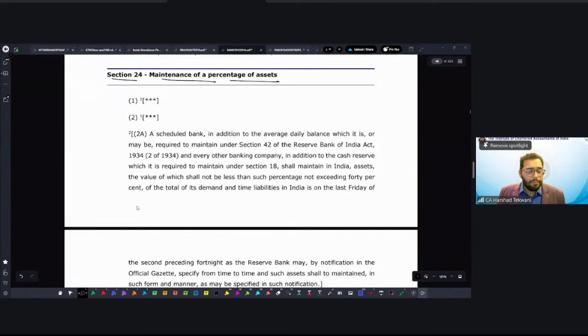This section provides that a scheduled bank, in addition to the average daily balance which it may be required to maintain under Section 42, what was 42? CRR. And Section 18 of the Banking Regulation Act, CRR. In addition to that, means SLR is in addition to that.